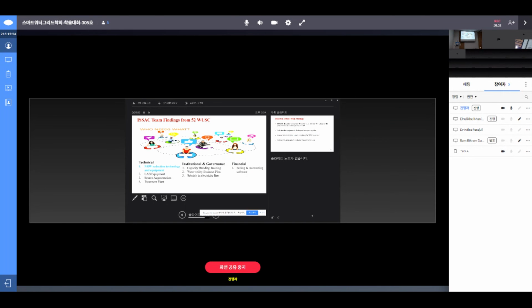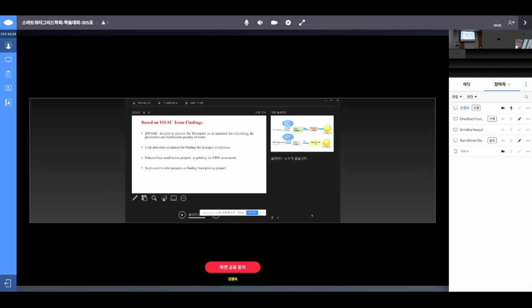Based on that, the team categorized three types of issues mainly faced by the water users committees. They are defined as technical, governance, and financial. In technical, the most common problem for all water users committees is NRW reduction technology and equipment. What we observed here is that around 55% of water is leaked, during the site visit in Ghana.